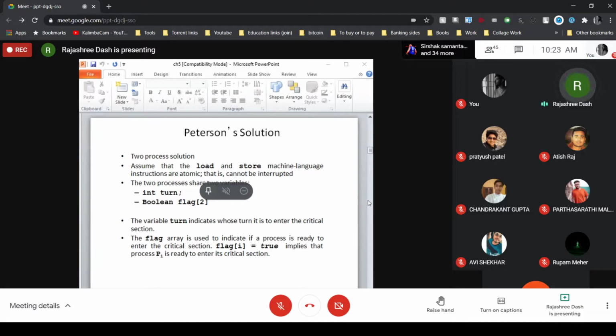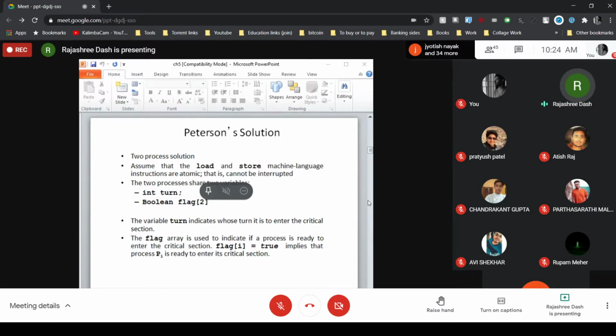Assume that the load and store machine language instructions are atomic, that is, they cannot be interrupted. The two processes are numbered P0 and P1. In general, if one process is Pi, then the other is Pj, where j equals 1 minus i.